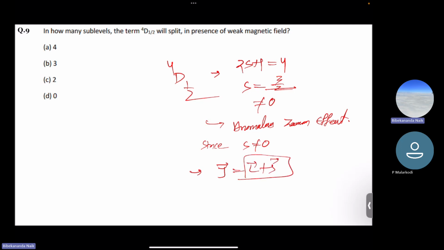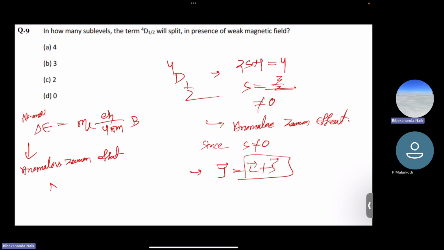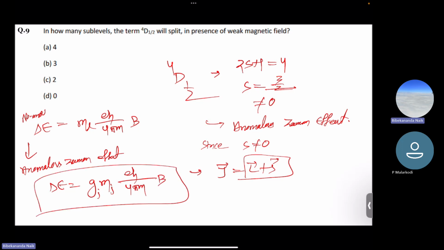Like in the previous case, in the normal Zeeman effect, delta E was ml e h by 4 pi m into B. Here in the anomalous Zeeman effect, delta E will be gj mj e h by 4 pi m into B. This will be the formula.